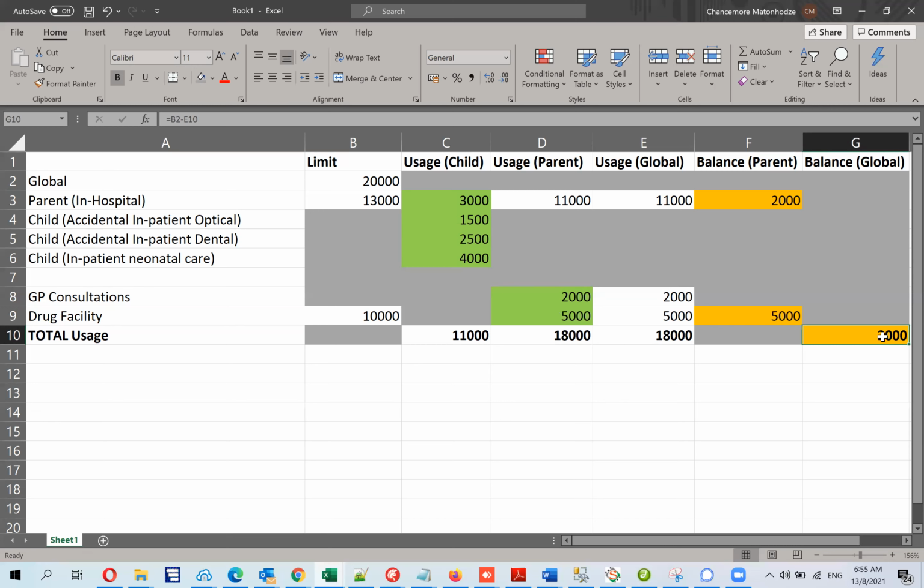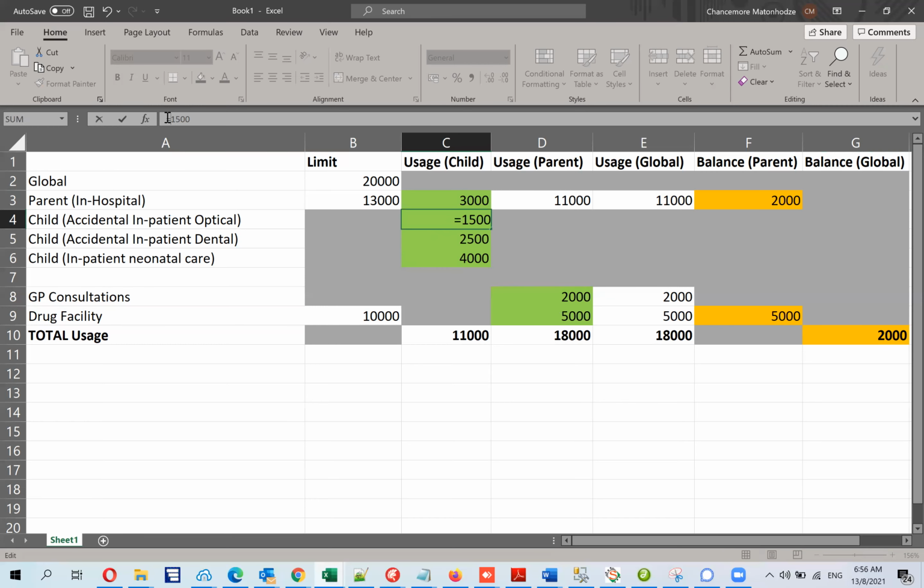So now this person is still admitted, right? It's still one encounter. So they need something else optical, maybe something else is needed which affects their optical benefit. Let's suppose it's another 1,500, for example.